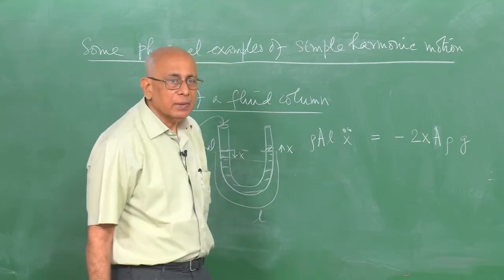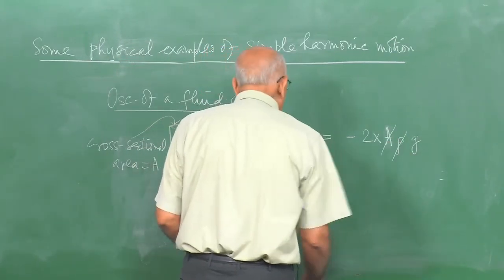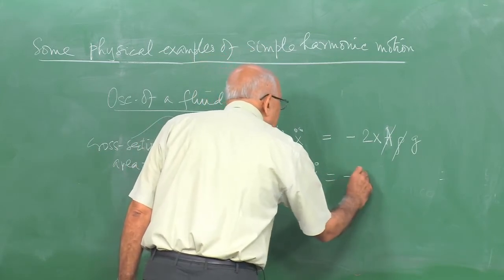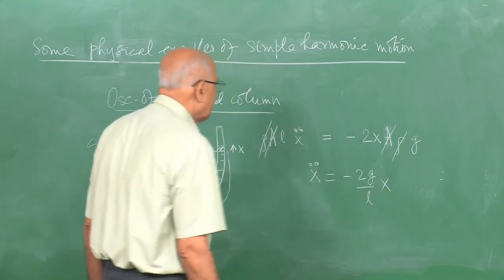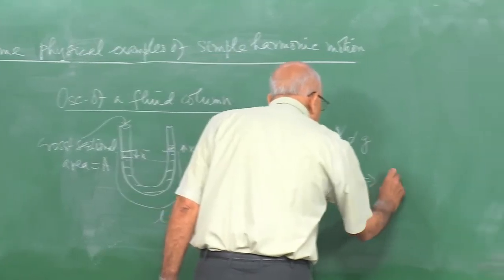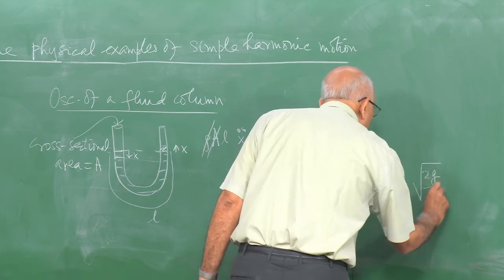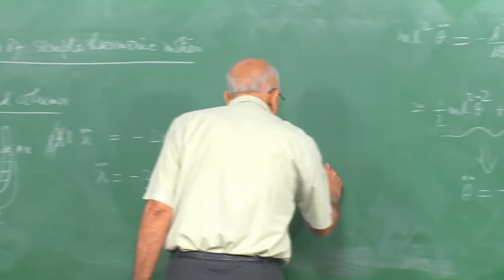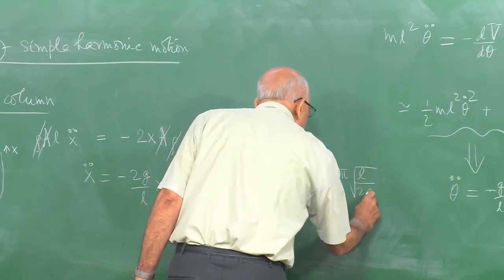Okay. So rho and A cancel out, and I have an equation which says x double dot equals minus twice g over L times x. This will imply that the angular frequency is equal to the square root of 2g over L, or the time period is equal to 2 pi times the square root of L over 2g.